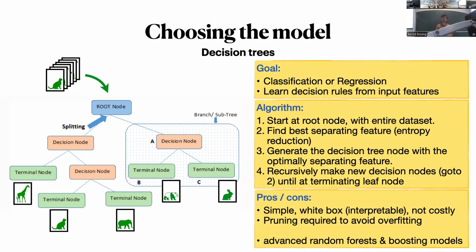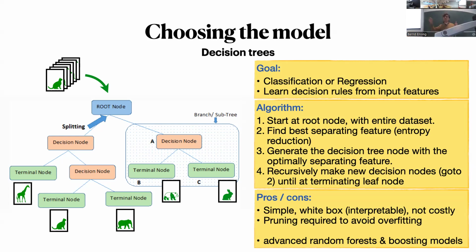It is a bit prone to overfitting. So if you have a very large tree with many rules, then you may get problems of overfitting. I'll tell you in a second more about overfitting, but that means you have to do some pruning. Really, as with a tree in your garden, you would prune, take out leaves. You do the same thing here. Maybe you say leaves should have at least 10 or so of my data points.